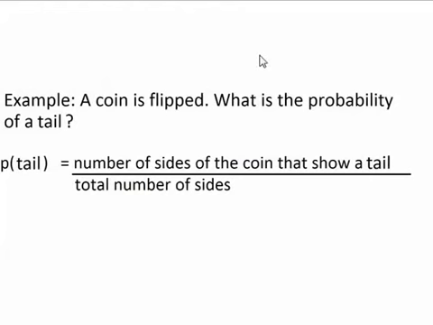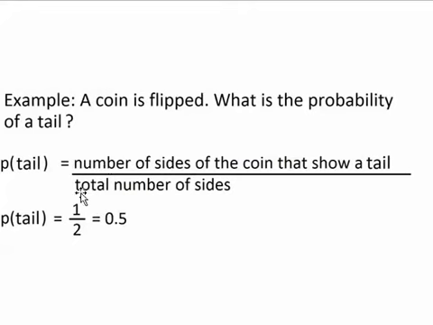And out of those two possible outcomes, only one of them leads to a tail, because only one side has a tail on it. So the top of the fraction is 1. The top is 1 and the bottom is 2, which means that the answer is 1/2. Or if you divide 1 by 2, if you divide the top by the bottom, you get a decimal answer of 0.5.